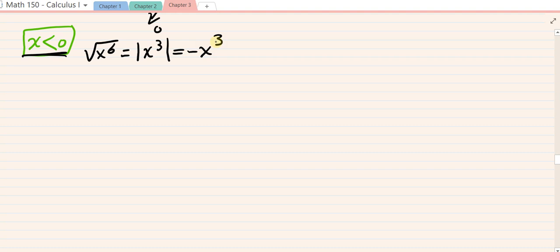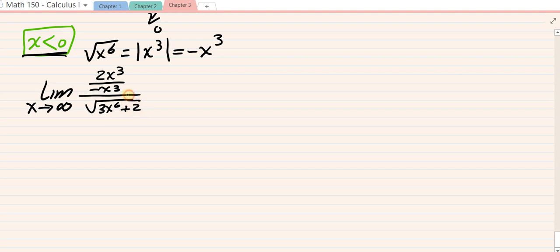Good. So we're going to divide the numerator and the denominator by that. Limit as x goes to infinity of, again, the expression is 2x cubed over negative x cubed by square root of 3x to the 6 plus 2 divided by negative x cubed. See how that works?